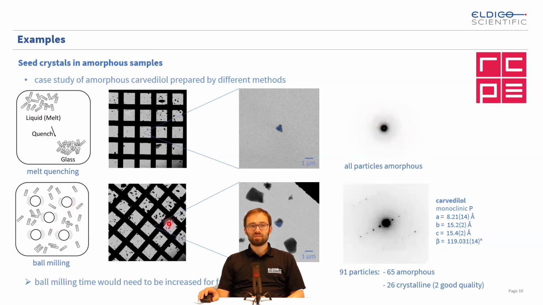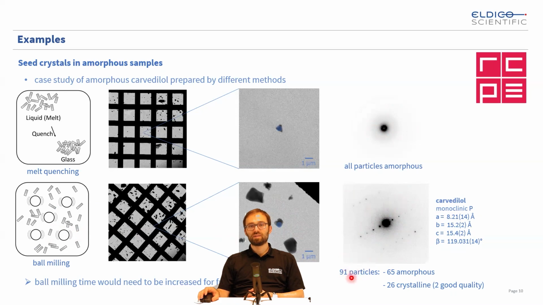The material can also be amorphized via ball milling. And again, if we do the crystal mapping, we will see that most particles are again amorphous as desired. However, we did find some particles that show a clearly crystalline pattern with discrete Bragg peaks. It's even nicely single crystalline, so the material is good enough to do a structure determination even.